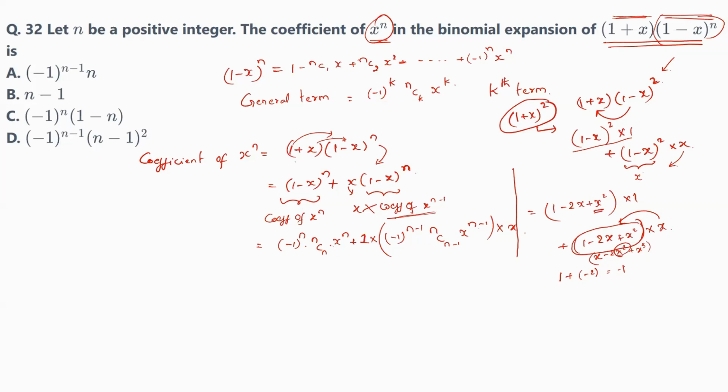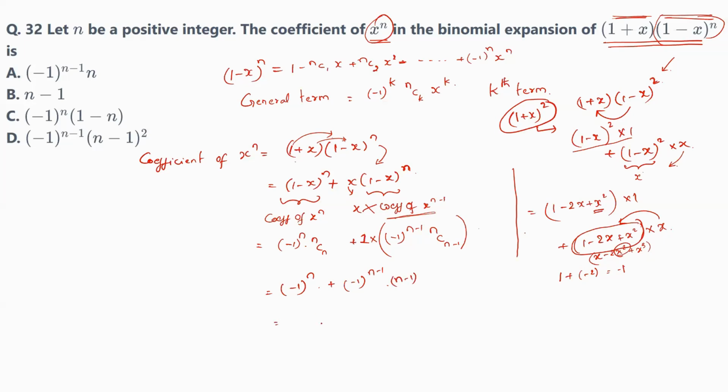Okay. So coefficient of x power n is this. Coefficient of x power n minus 1 is this. So that would be (-1)^n into nCn, which is 1, plus (-1)^(n-1) into nC(n-1), which is n.